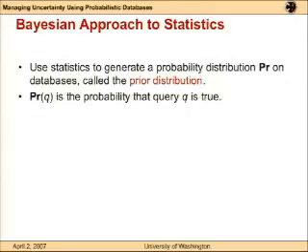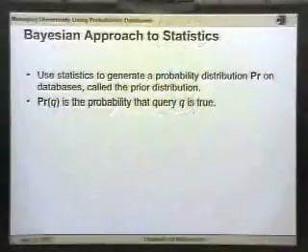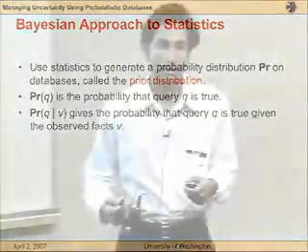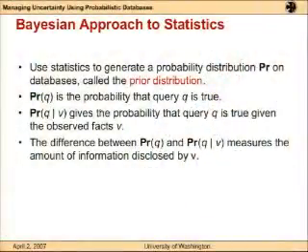Then the probability of Q over this distribution is the prior probability that you believe the query is true. And the probability of Q given V is the probability of the query being true after you see the observed facts. The difference between these two probabilities gives you a measure of information which the view discloses about the query.